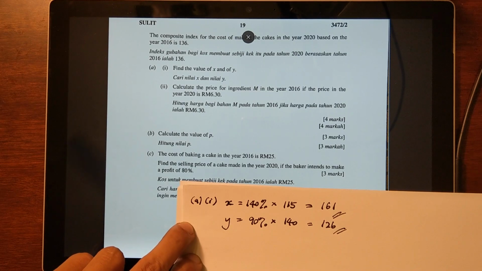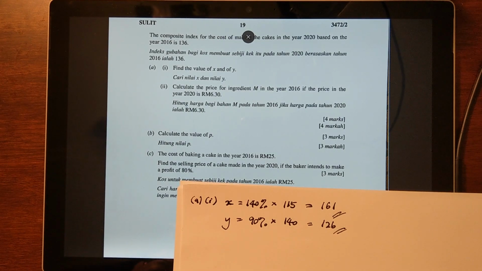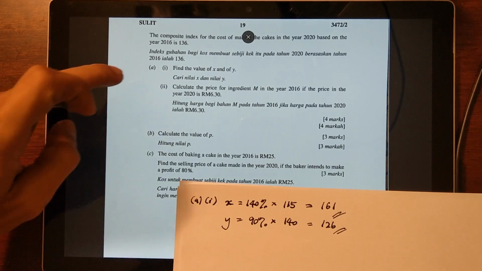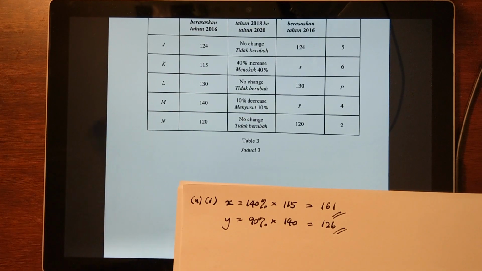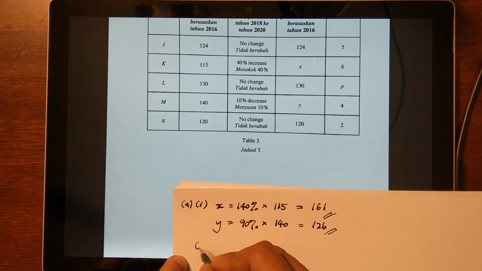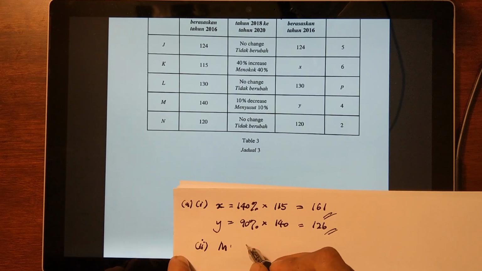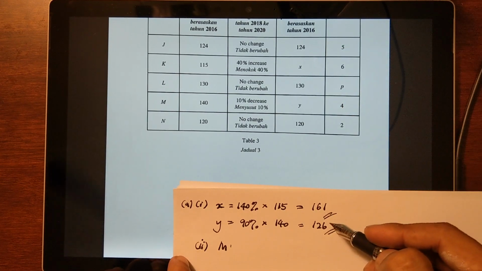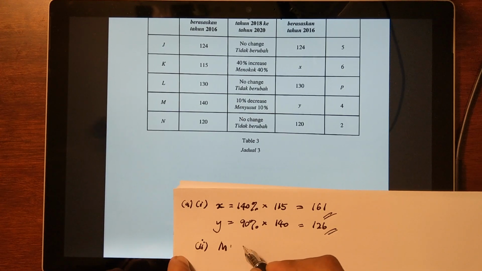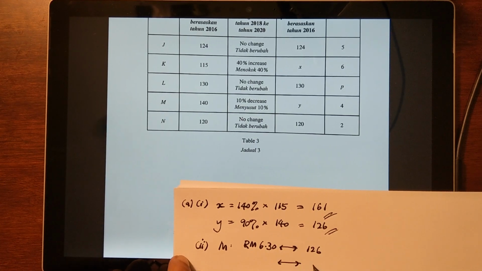A1. So 2. Calculate the price for ingredient M in year 2016 if the 2020 price is 630. That's a pretty straightforward question as well. So the price of M in 2020, which has an index of 126, then what is the price in 2016?